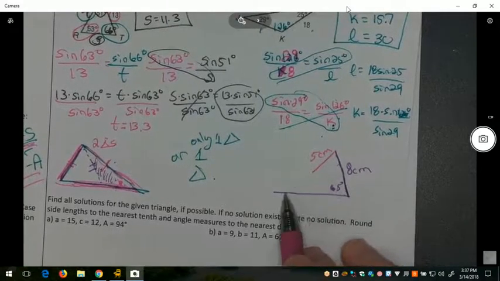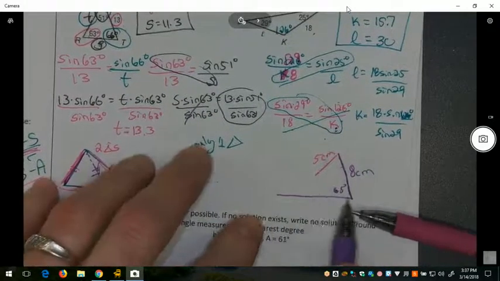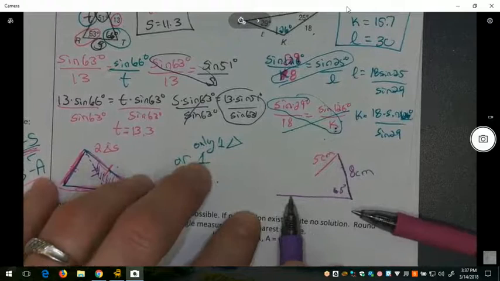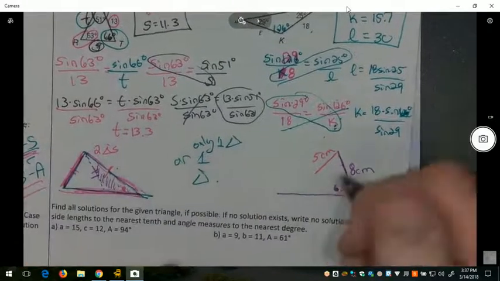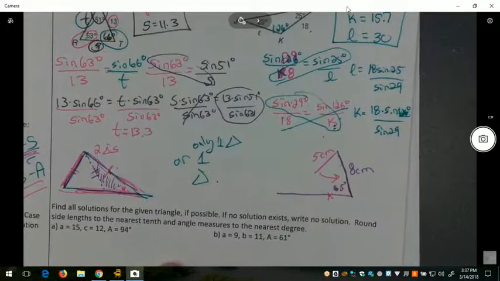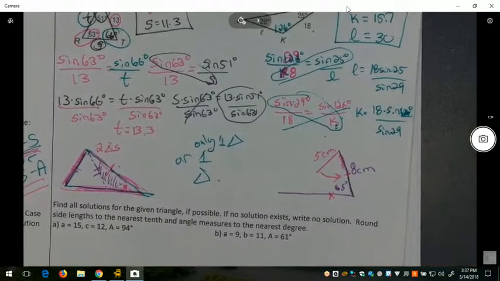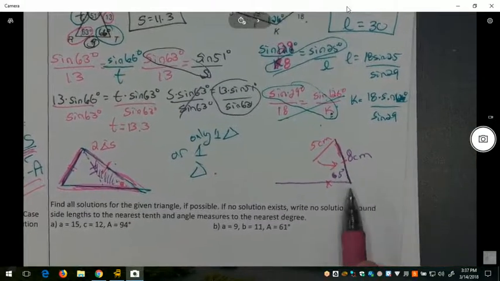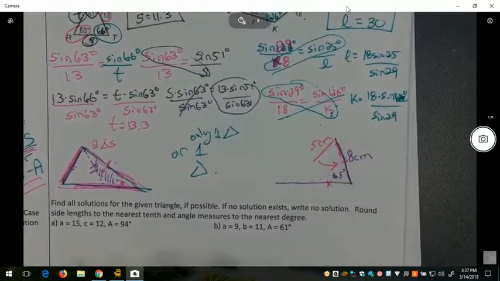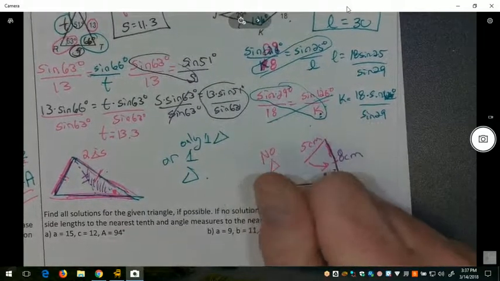And I can't extend this because that side has been locked in terms of its length. This last side doesn't have to be this long. I could put the point here or here or here or anywhere. But as I try to swing this down to meet this side here, it never will. It'll fall upon this side and it won't create a triangle. It'll just create a line. So given an angle like this and these two sides, it is possible that there is no triangle and therefore no solution.